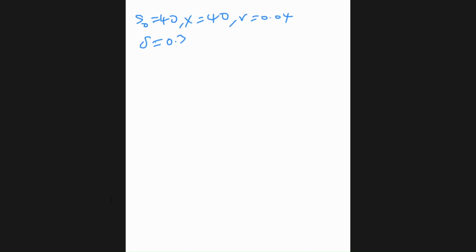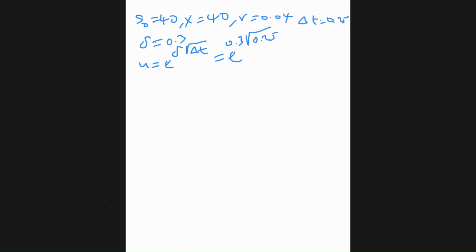So using this, we are asked to calculate U. U is exponential of sigma times the square root of delta t, which in this case is exponential of 0.3 times the square root of 0.25.